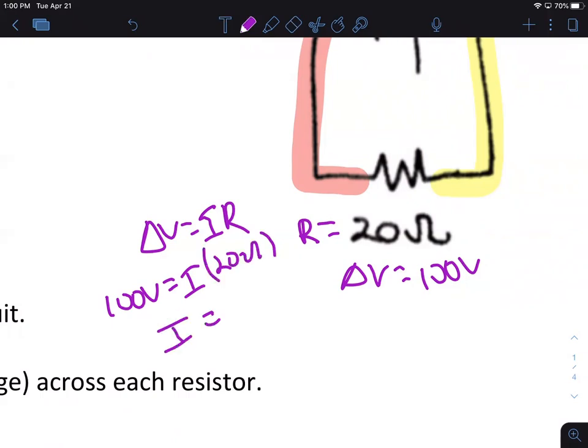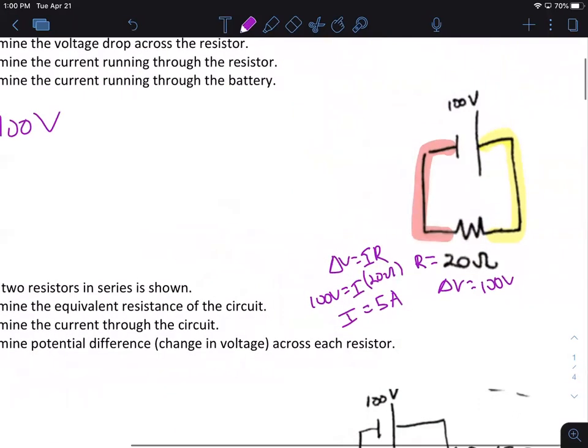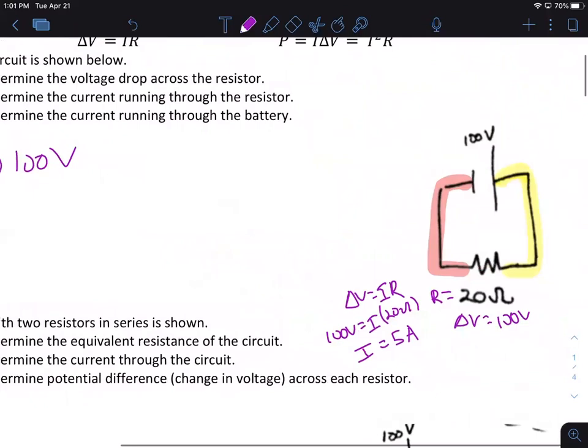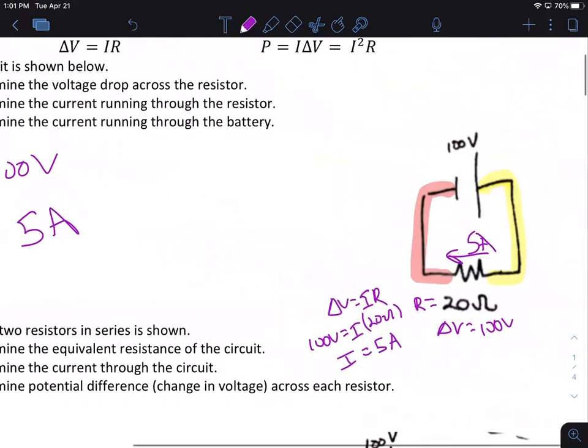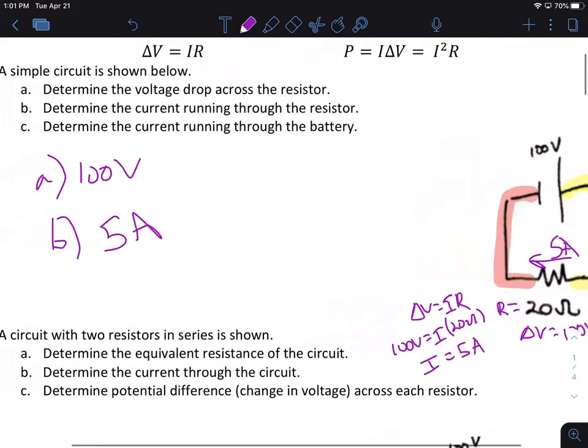I has to be 5 amps going through here. 5 amps. Current running through the battery? Well, conservation of charge tells me one loop, 5 amps going here, 5 coulombs every second are also going through the battery.